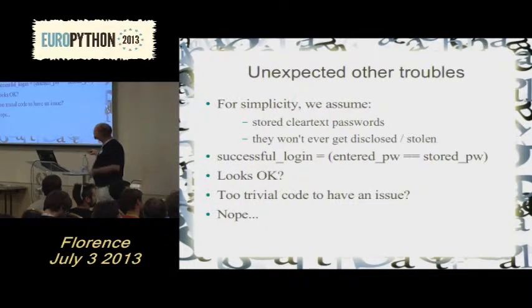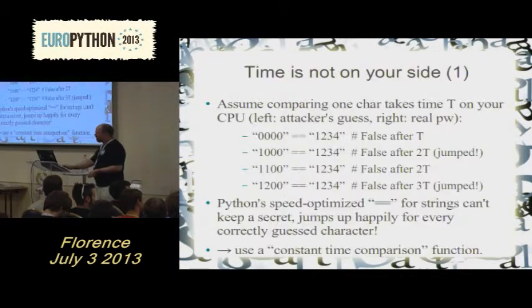Okay, a few ones. The problem is timing. This is what the attacker tries, and this is what your real password is that you have stored in your database. If you do that comparison, Python will compare the first byte and see, okay, it's wrong, and then it is finished.